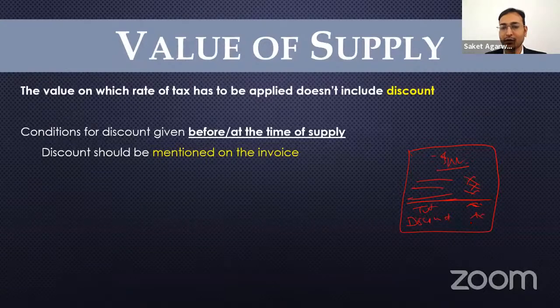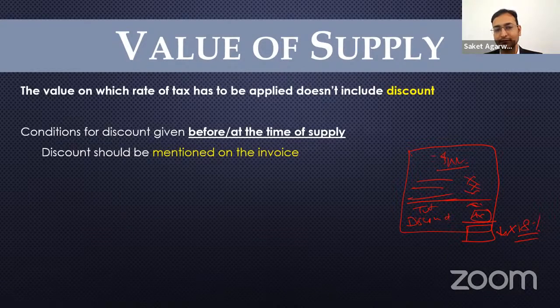And if you mention the discount here, government is saying, I will allow you to minus this, and after minusing this, whatever is the reduced price, you are allowed to charge GST. Only one simple condition. Just put the discount on your invoice. That's it. Then you are allowed to minus it.